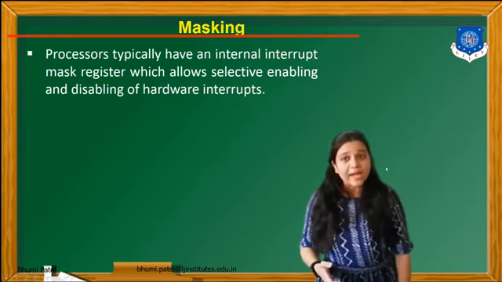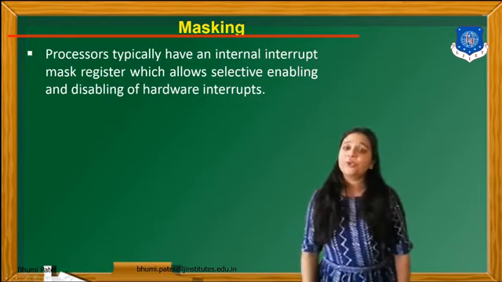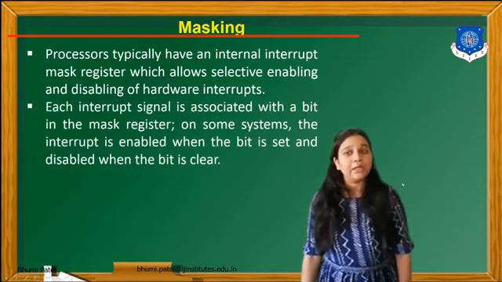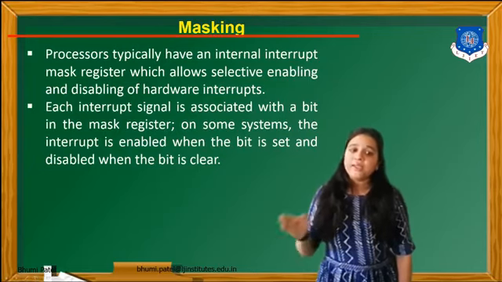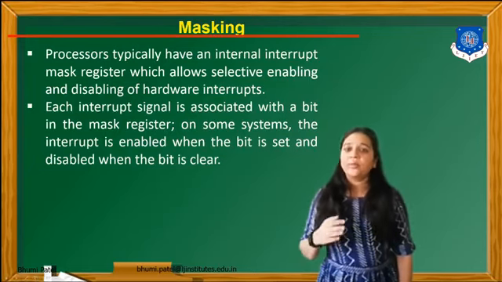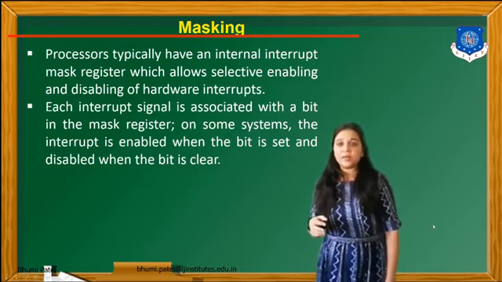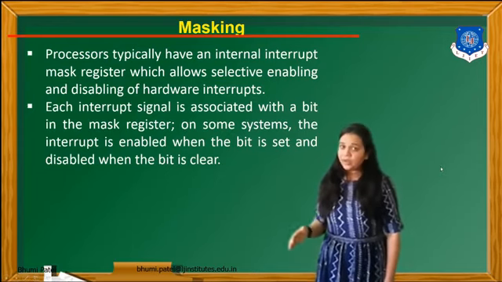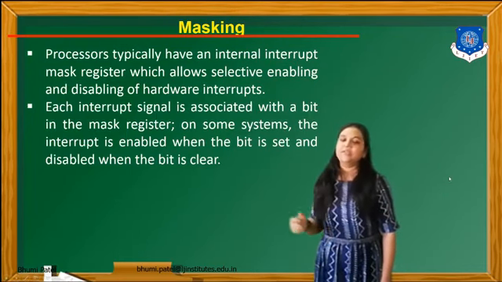There are two types, masking and non-masking, used as the internal interrupt mask. Each interrupt signal is associated with a bit in the mask register. On some systems the interrupt is enabled when the bit is set and it is disabled when the bit is clear.